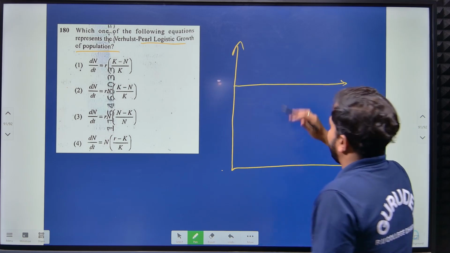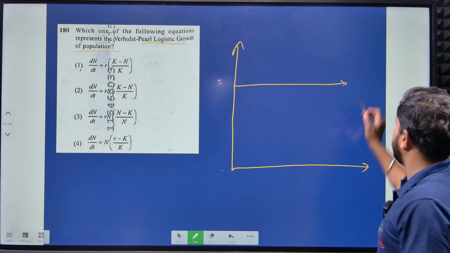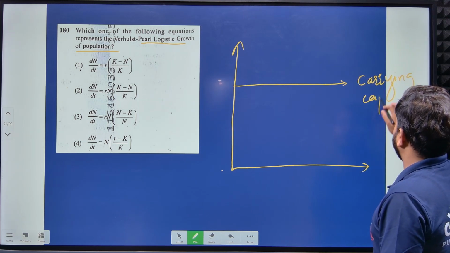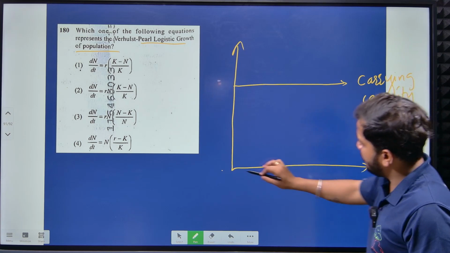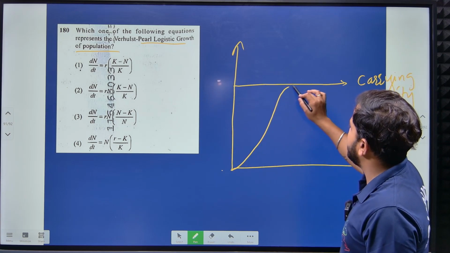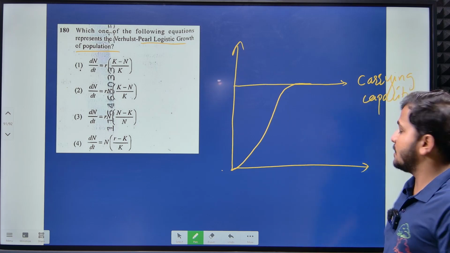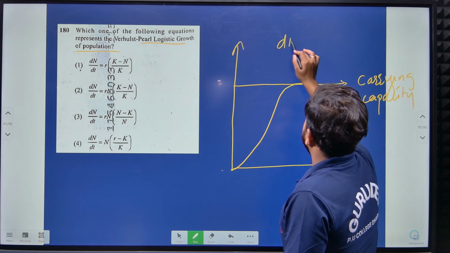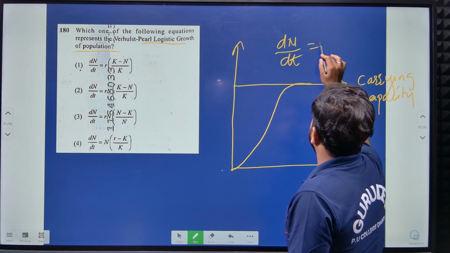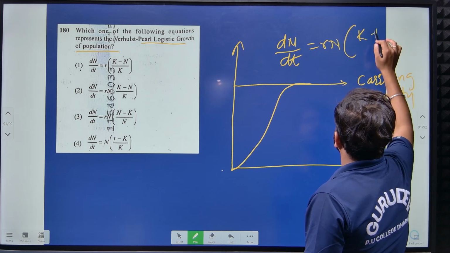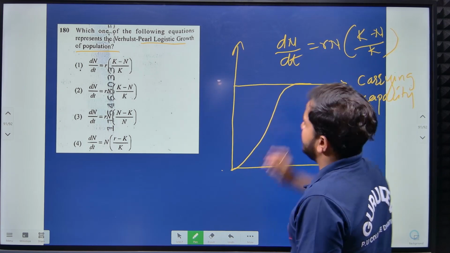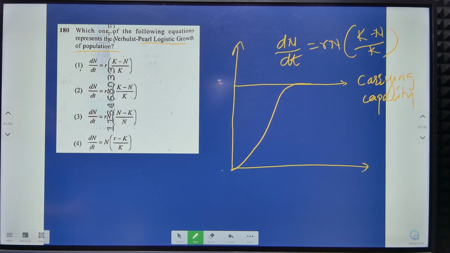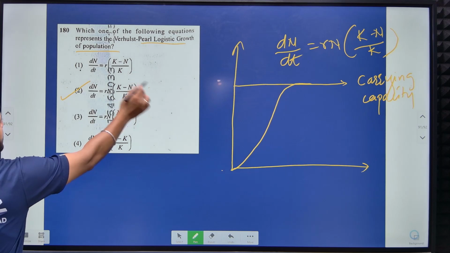It has limited resources available, so it has a carrying capacity. So the population firstly goes on increasing, but then it stabilizes because it has that carrying capacity, and that can be represented as dN by dt equals rN times (K minus N) divided by K, right? So this is the Verhulst-Pearl logistic growth curve, so option 2 is correct, right?